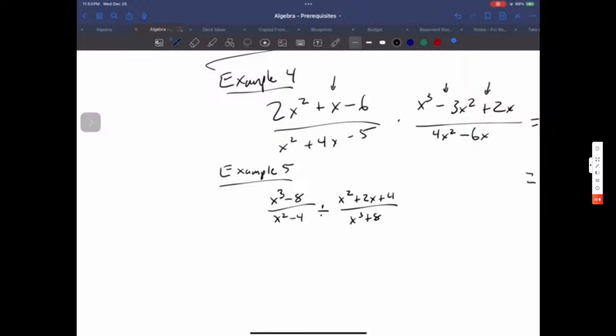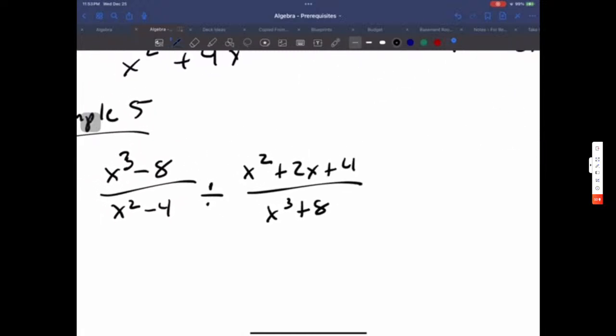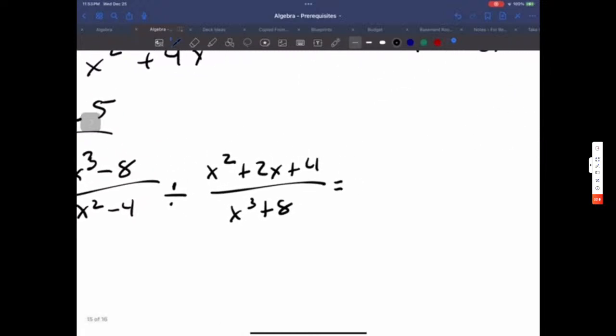Now remember that when you divide a fraction by another fraction, that is the same as multiplying the fraction by the reciprocal of the other.